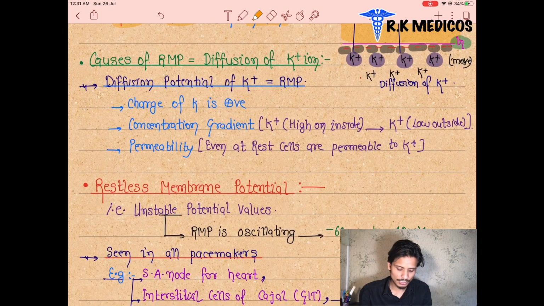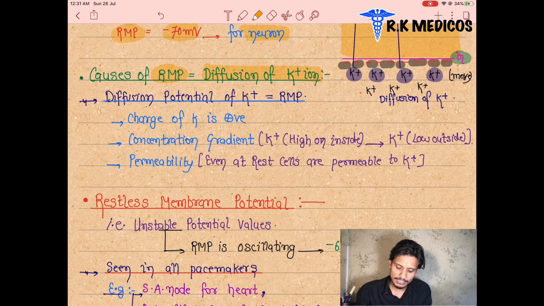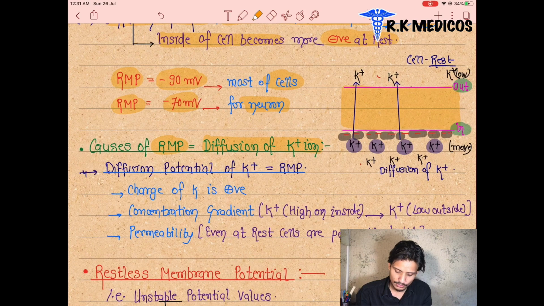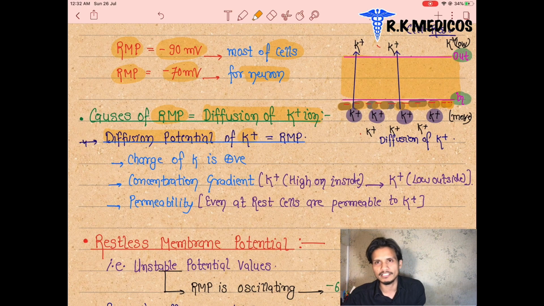Next point, we can see here the causes of resting membrane potential: the diffusion of potassium ions outside, and the negative charge accumulated on the inner surface of the membrane. We can see here in blue these negative charges accumulated here. This is responsible for maintaining the resting membrane potential. The potential created by potassium is called the diffusion potential of potassium.